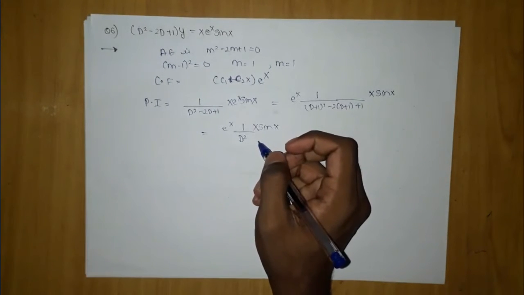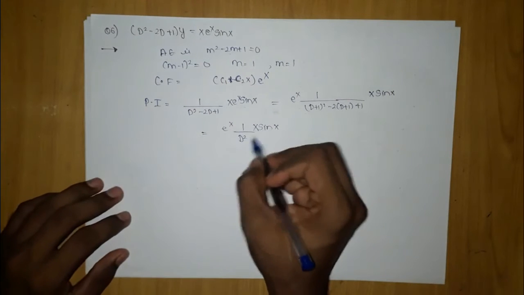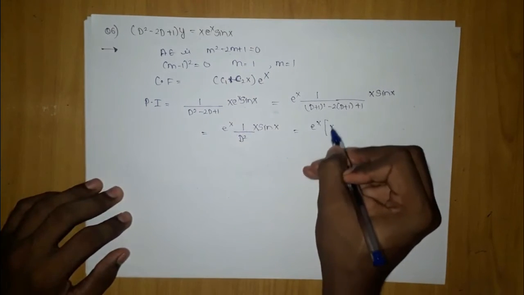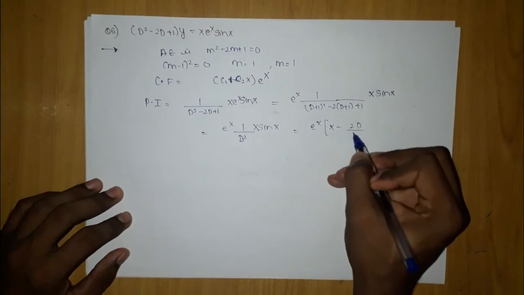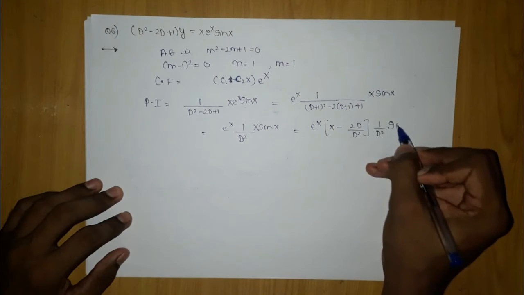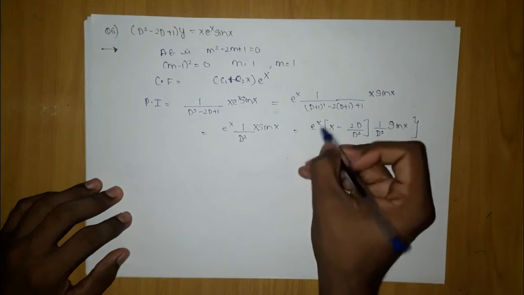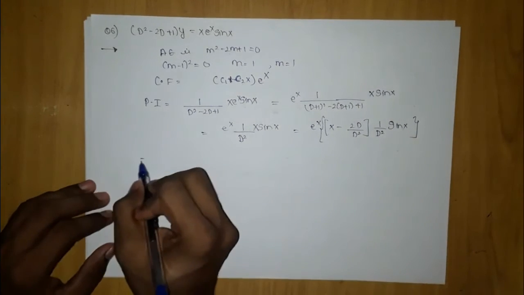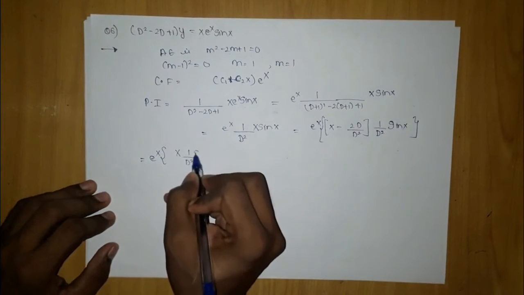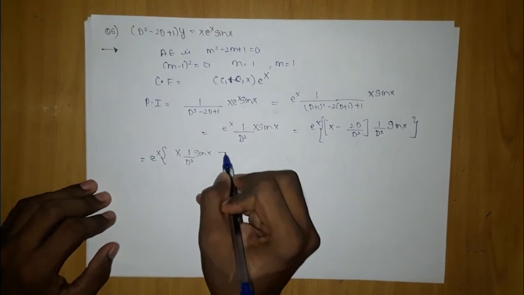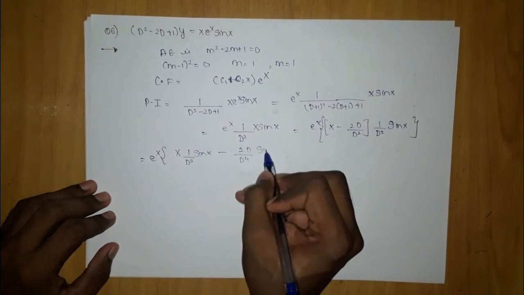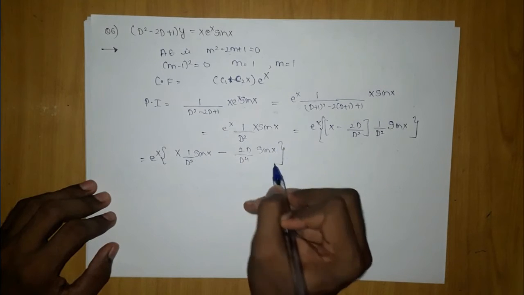Now we are going to write this in the format which we have studied, which is [x − 2D/f(D²)] 1/f(D²) sin x. So e^x will be outside, [x 1/D² sin x − 2D/D⁴ sin x], the whole bracket closed.